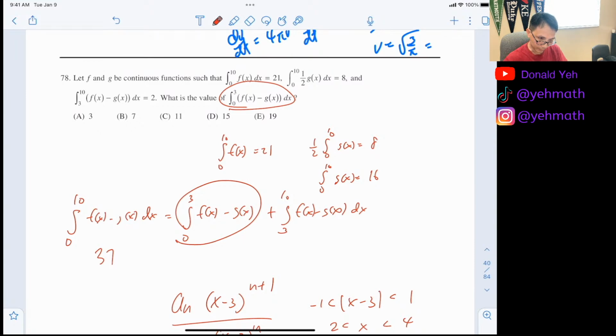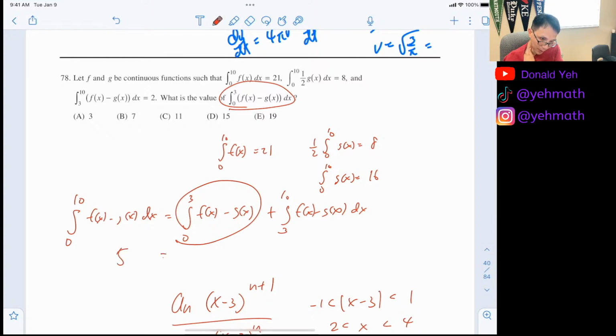Oh, they are subtracting. Sorry. So it's 21 minus 16, which is 5.